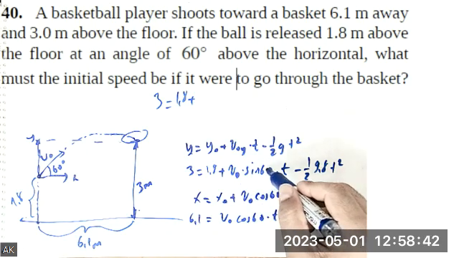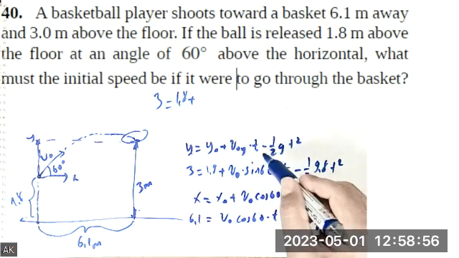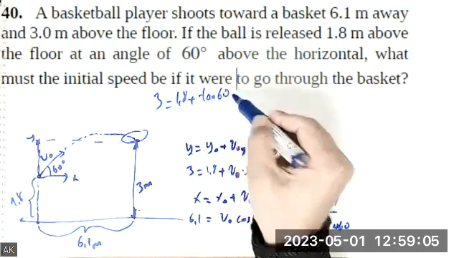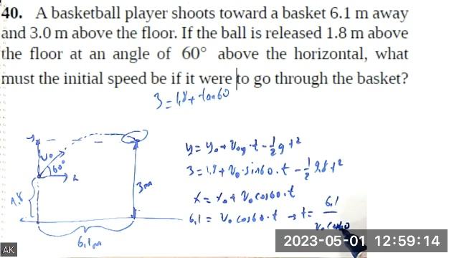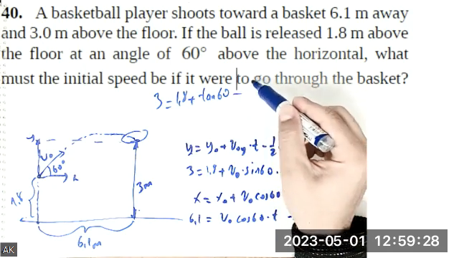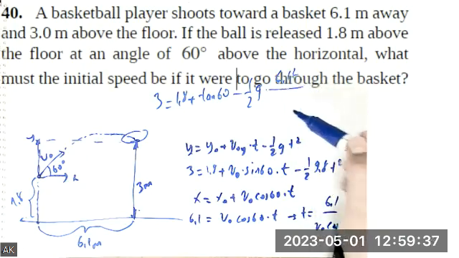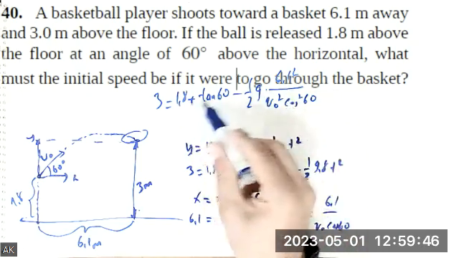The v0s will cancel out, and sine divided by cosine gives tangent 60, times 6.1. Then minus 1/2 g times t squared, where t squared is 6.1 squared divided by v0 squared cosine squared 60.